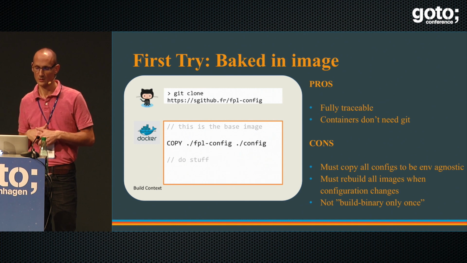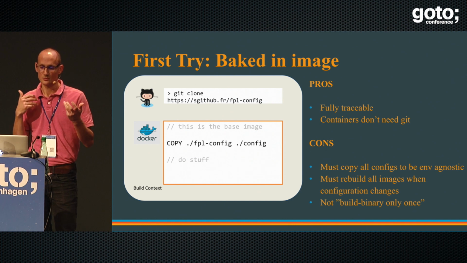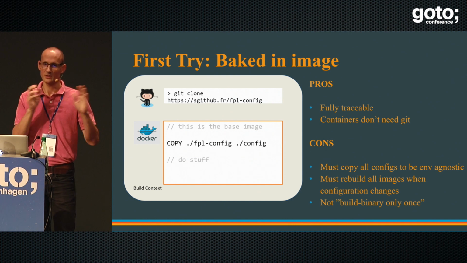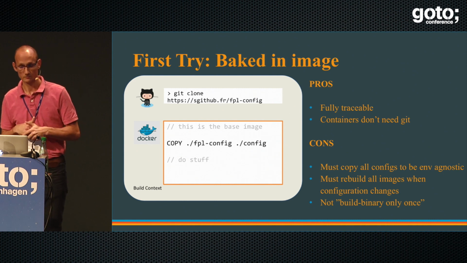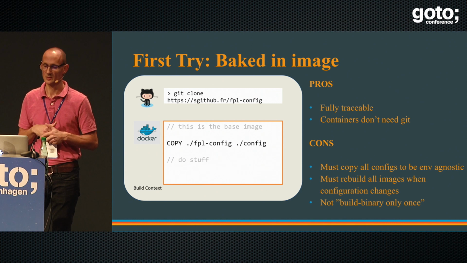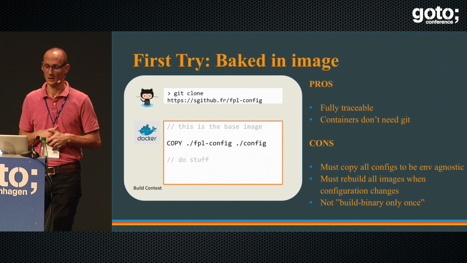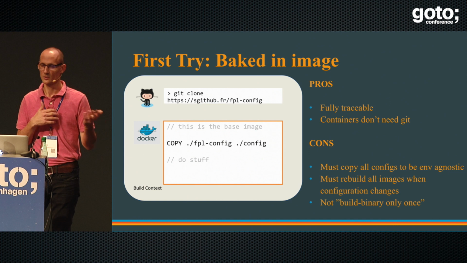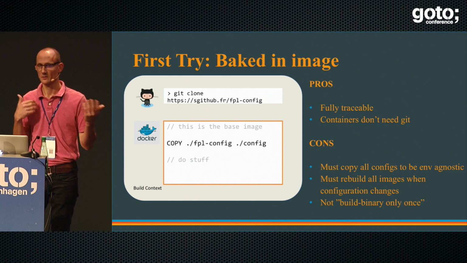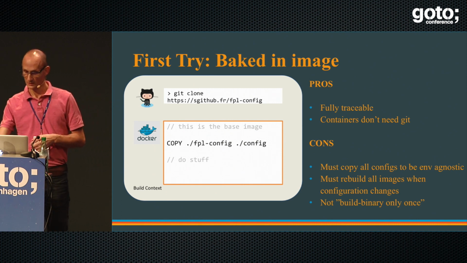But now you have to keep track of which image tag has been deployed into each environment, especially into production. But there are downsides. You must copy all configuration to be environment agnostic, and you have to rebuild all images whenever your configuration changes, and it's not very build binary only once, which is a fundamental concept in continuous delivery.